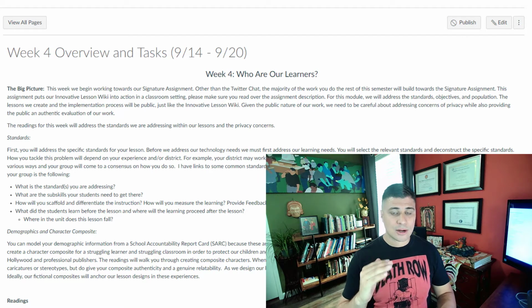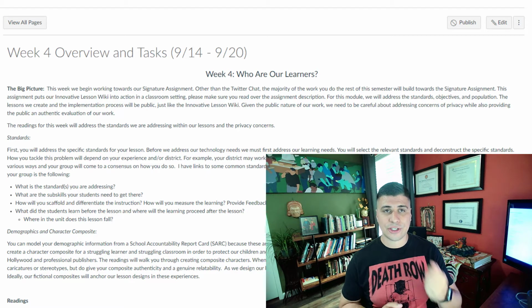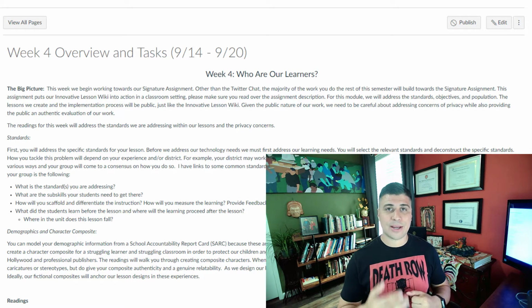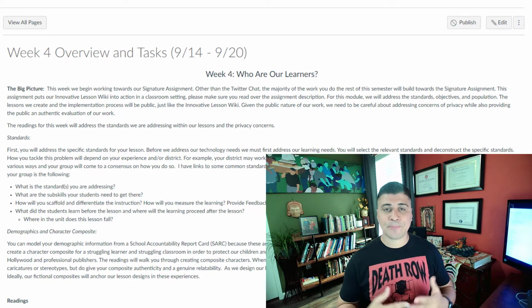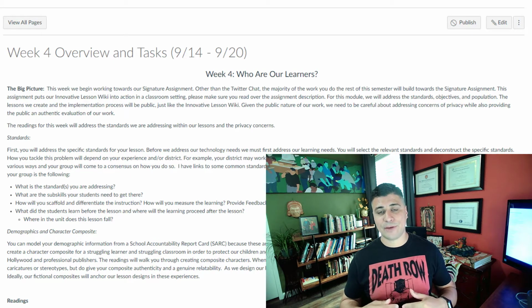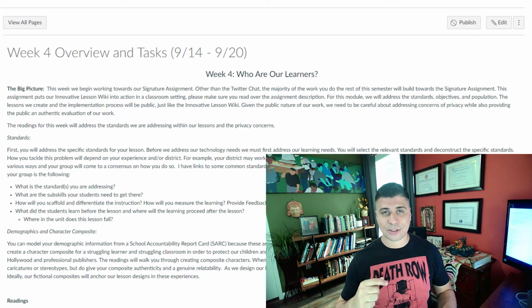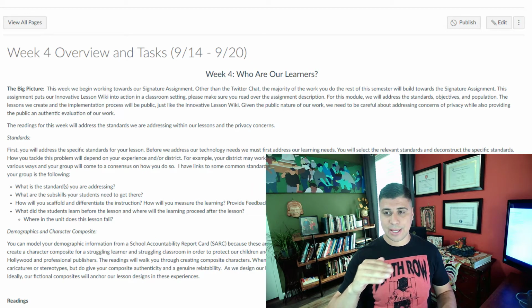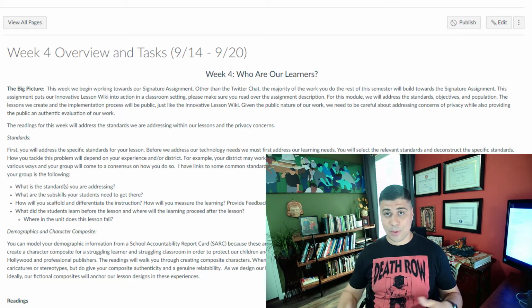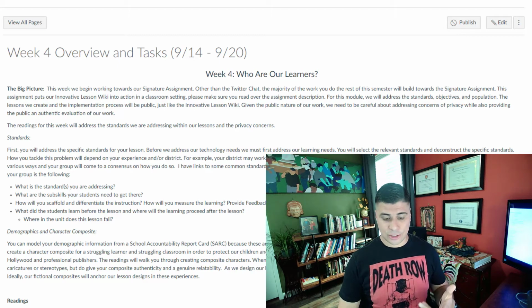From there, we began to talk about what the research says, especially in terms of closing the achievement gap and being able to be innovative, creative, and how this affects our students. Now, this week, we pivot and we start talking about the standards and how we can actually use the standards to be a guide for us into what it looks like when we create these innovative lessons and we integrate technology into them.